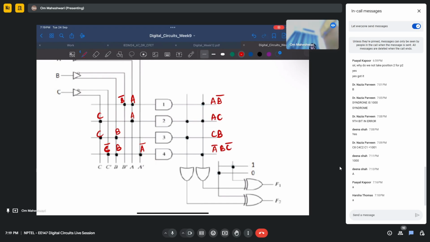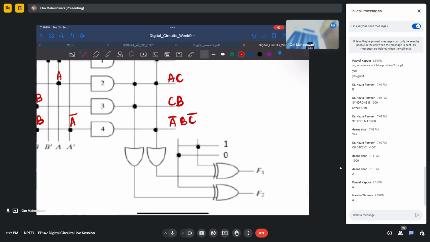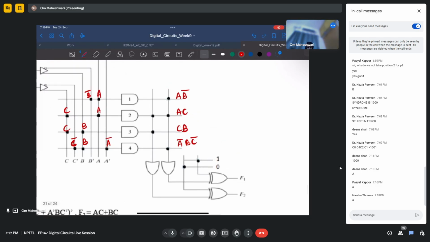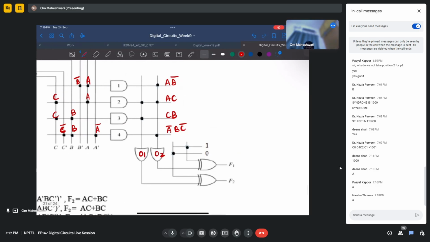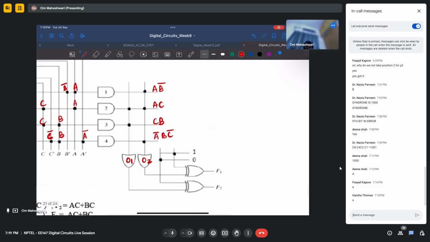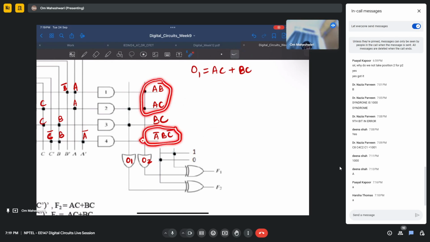Okay, so these are the AND gate outputs. Now for OR gates, let me call them O1 and O2. O1 would be OR of these two, right? So O1 is AC plus BC. And O2 will be OR of these three because these three are connected.